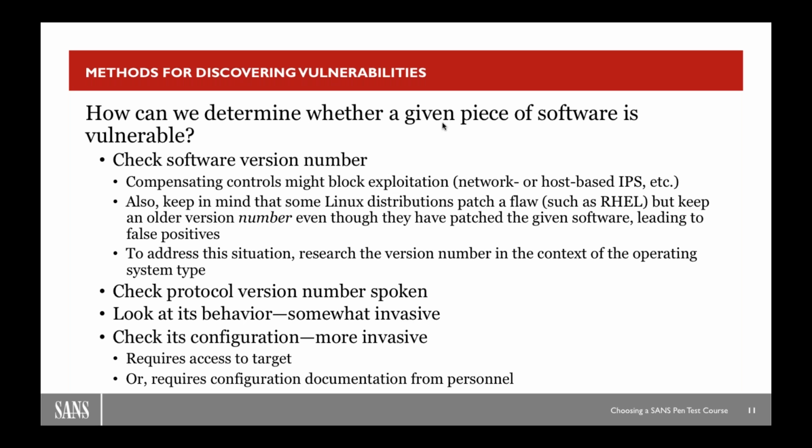Another example is simply checking the config or looking at the behavior of a system. A super simple example of that, and one that I ran into memorably, is connecting up to an FTP server to determine whether anonymous FTP is supported. Now, anonymous FTP might not seem all that interesting to look for, but I was doing testing a couple of years ago for a fairly large cosmetics company.